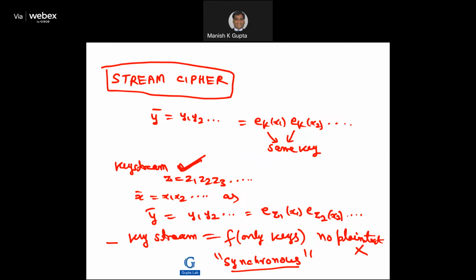So if somehow we can generate a different key, if yi is the encryption rule of zi applied to xi, then for each block there is a different key. And we should know a mechanism to generate this key stream, Z is equal to Z1, Z2, Z3. So in a stream cipher, you can assume that a stream of keys is there. If the data is coming, you can encrypt each block differently.